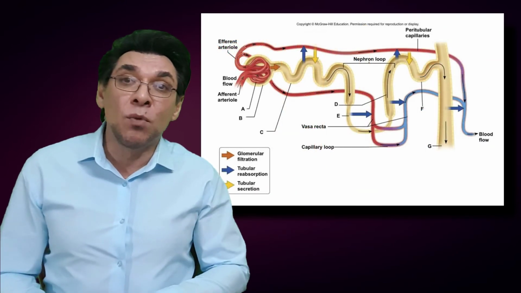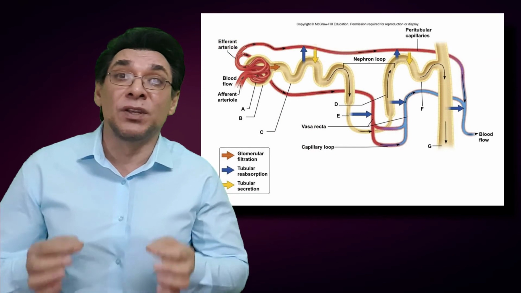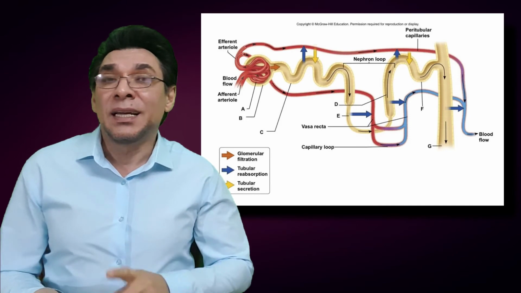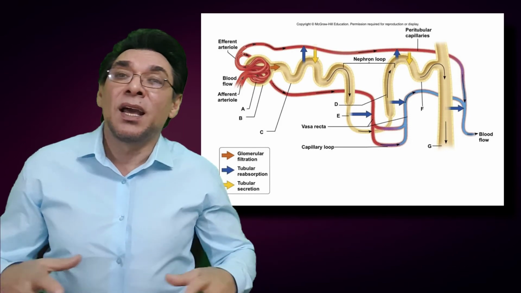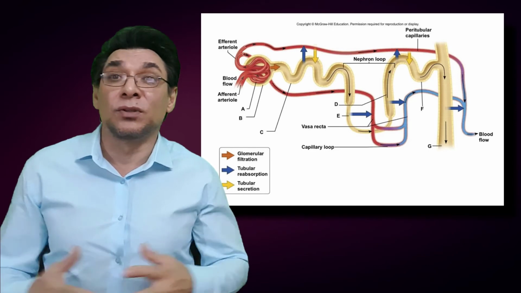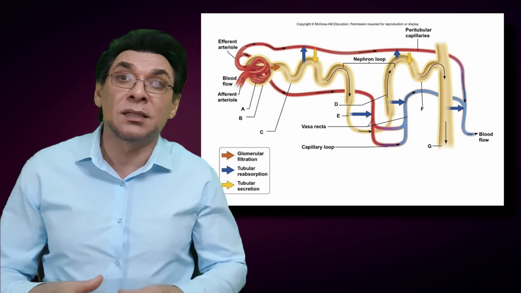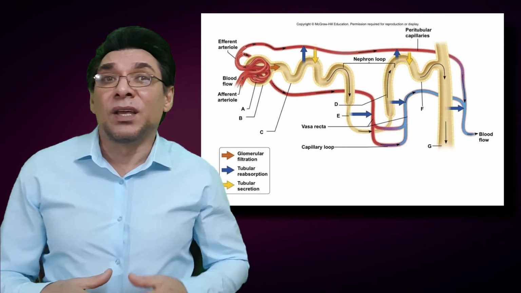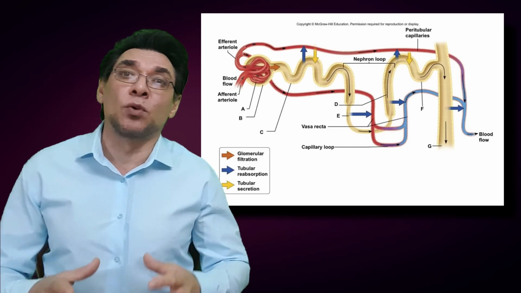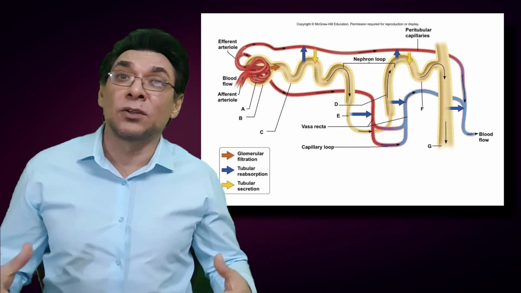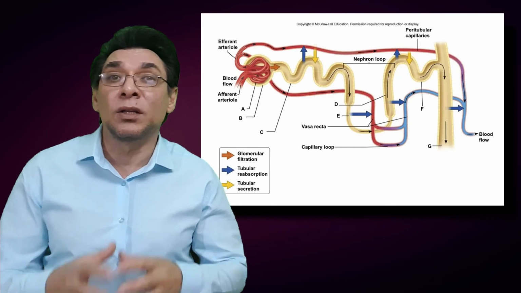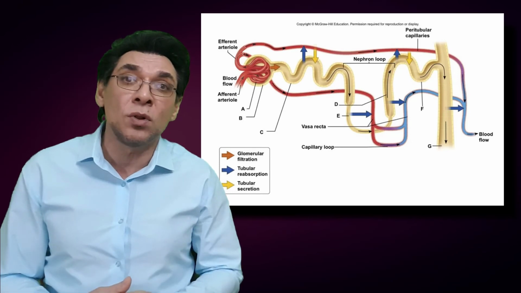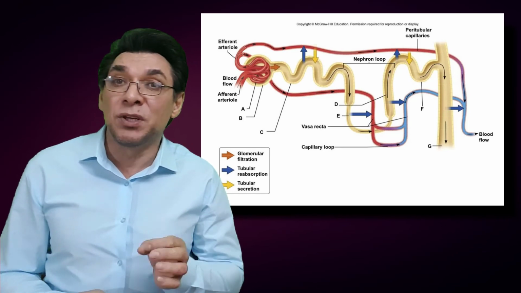For example, ammonia diffuses into the lumen of the nephron, whereas hydrogen, potassium, creatinine, histamine, and penicillin are actively transported into the nephron. Hydrogen ions are actively transported into the proximal convoluted tubule. The epithelial cells actively transport large quantities of hydrogen across the nephron wall into the filtrate. The secretion of hydrogen plays an important role in regulating the body fluid pH.